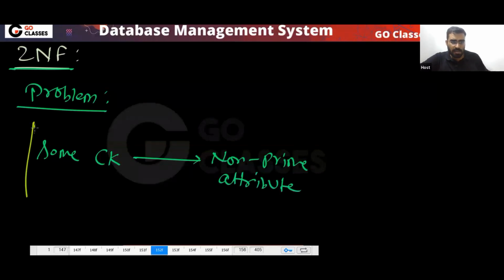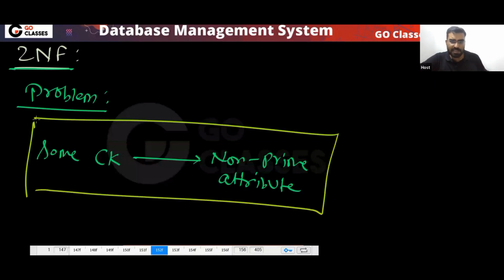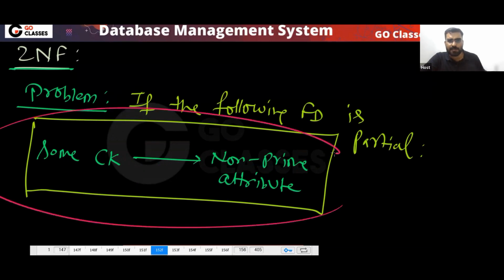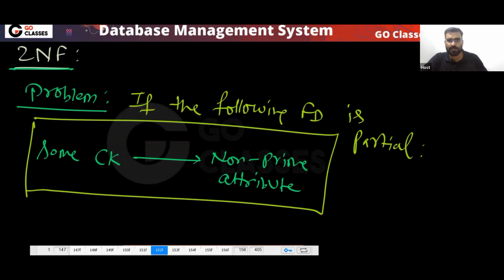Okay, this FD, if this is partial, that is the problem. If the following FD is partial, then that is the problem. Is this clear? If this FD is partial, then that is the problem.